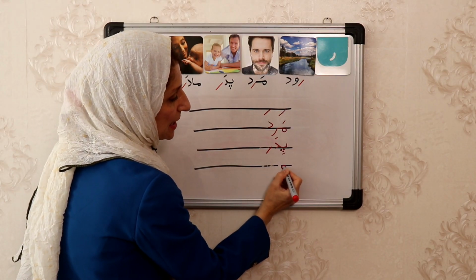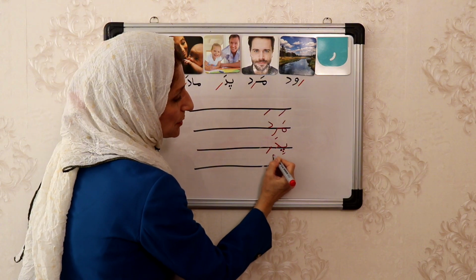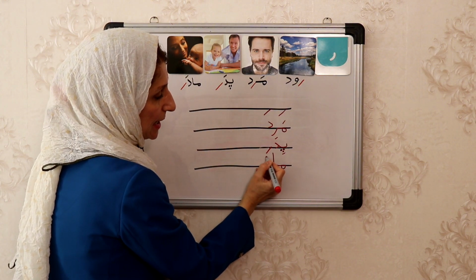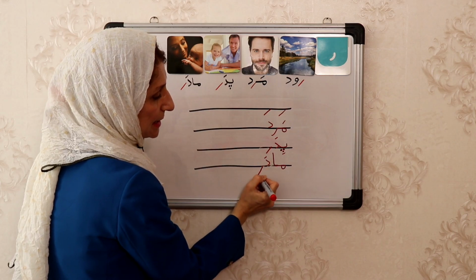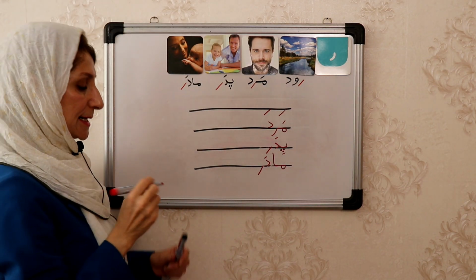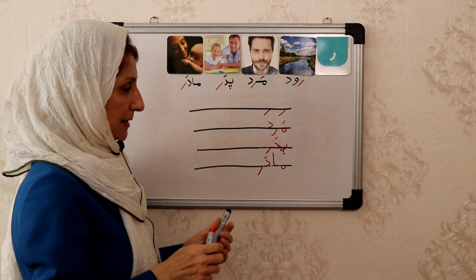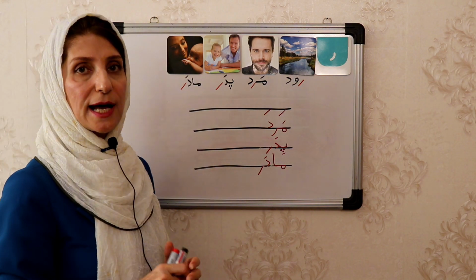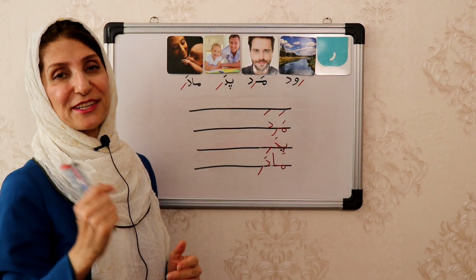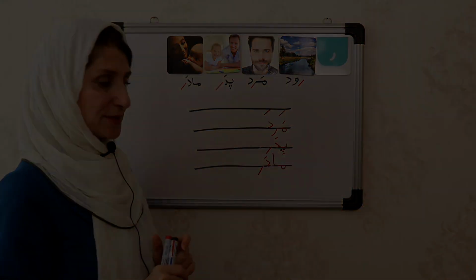Write me sound, go up, ma, write de, a, and r, madar, madar. This was the re sound, and let's go to his other brother, j sound.